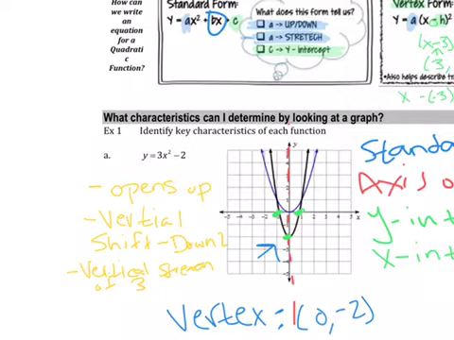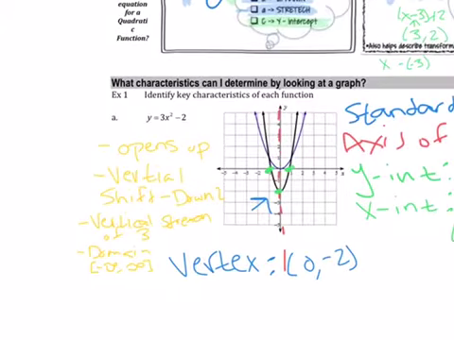Okay? And my domain, remember that is my X values, that one's still going to remain all real numbers. Okay, so that's going to be negative infinity to positive infinity. However, my range is going to actually have some value to it.